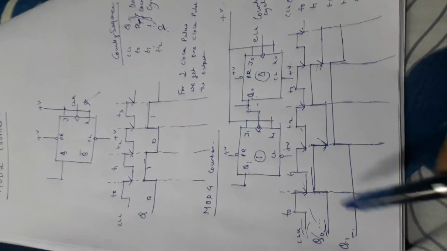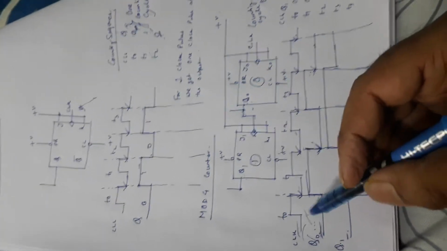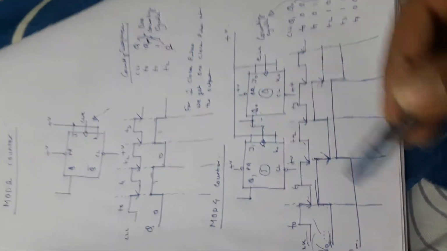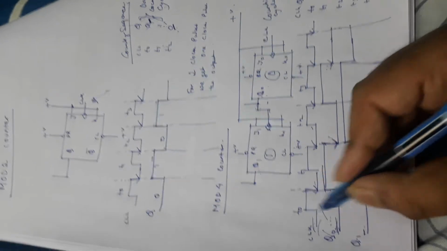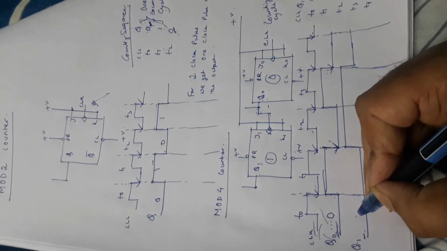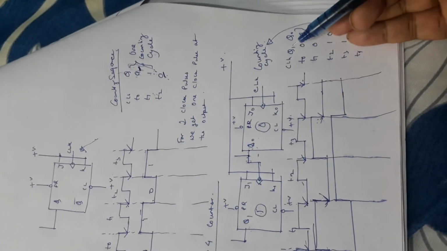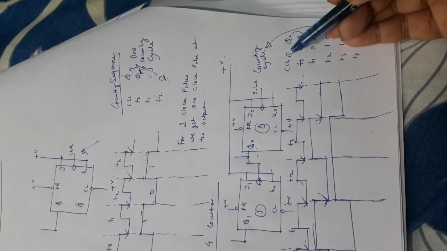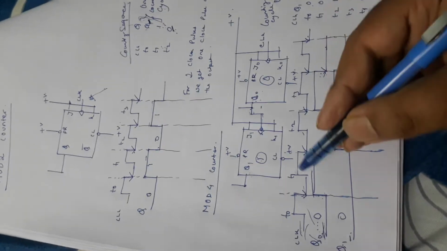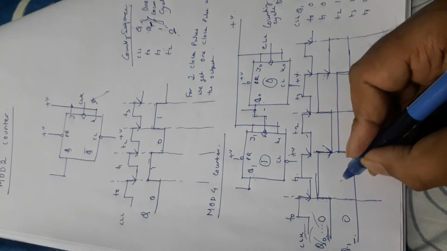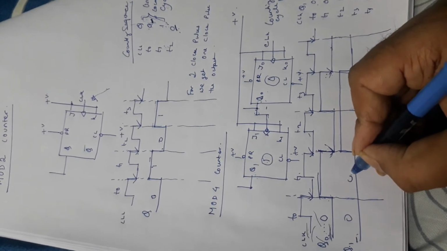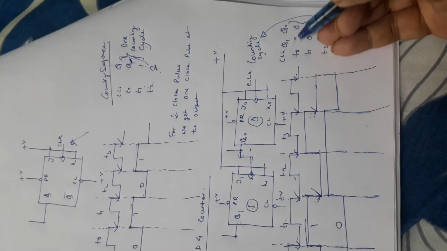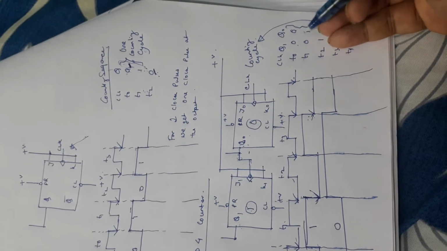So now it is time to understand the counting sequence of this mod 4 counter. In the T0 state, both Q0 and Q1 are low. In the T1 state, Q1 is 0 and Q0 is 1.